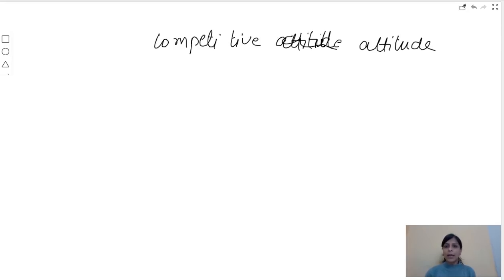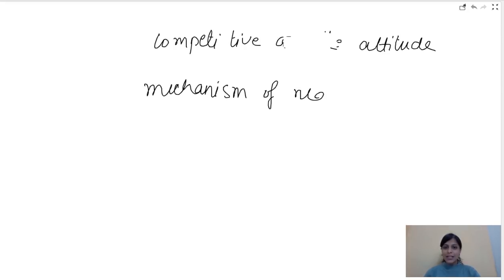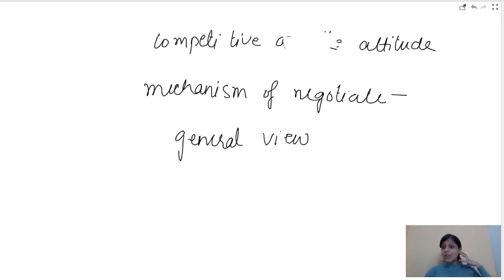It evolves a mechanism where negotiation can take place. And also it represents the general view. So yes, it empowers not only the majority section but also the marginalized section.